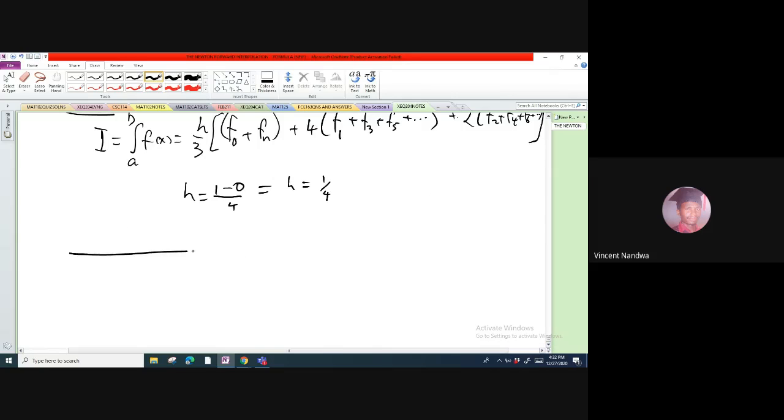So therefore, we have x and then we have f: 0, 1 over 4, 2 over 4, and then 3 over 4, and then 4 over 4, which is the same as 1.